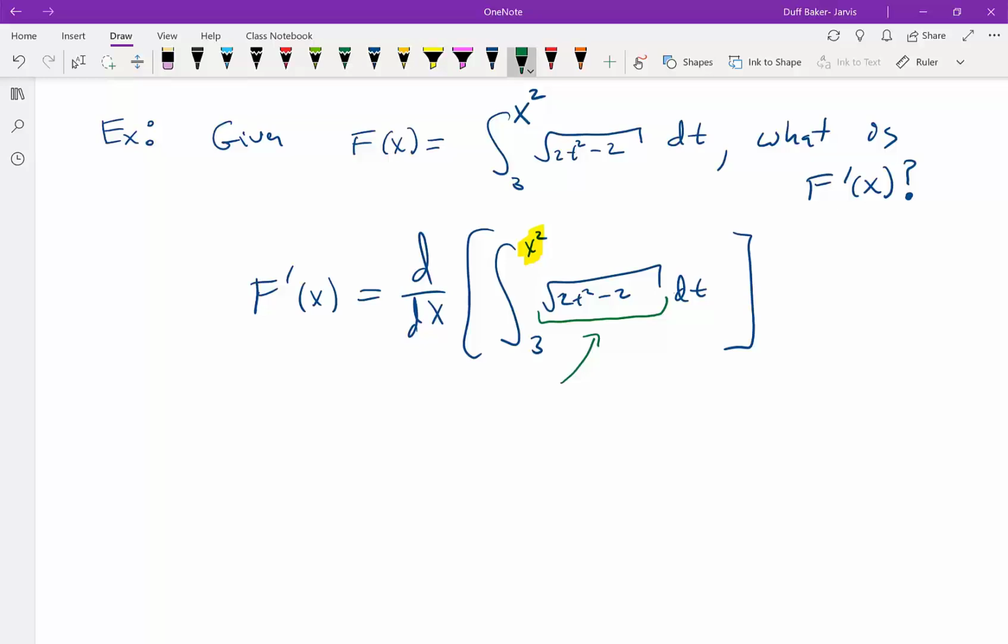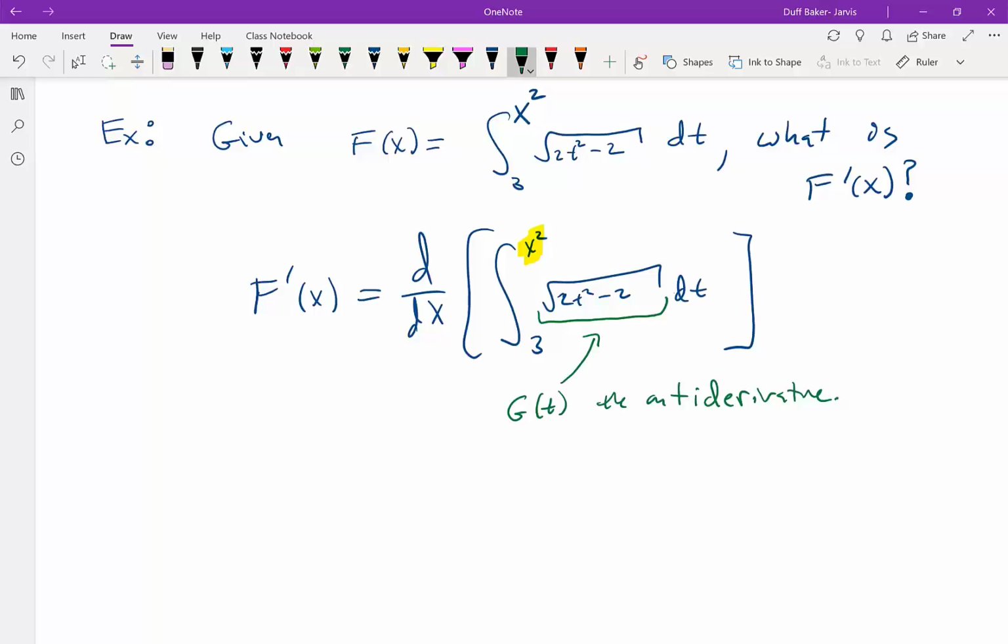But as long as it has an antiderivative, which almost anything you can write down has, unless it has vertical asymptotes, we don't know what the antiderivative is, but we know that it has one. We just don't know what the formula for it is. So I'm just going to give it a name. I'm going to call it G.